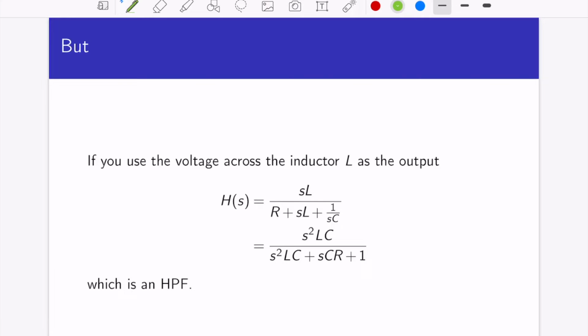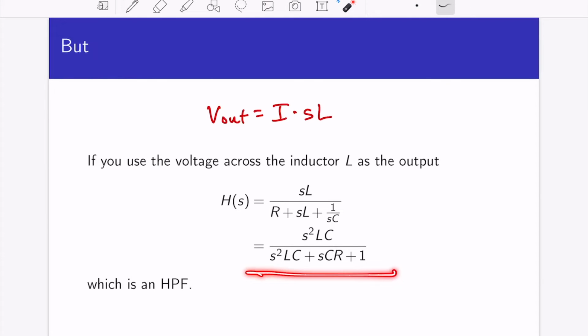If instead we look at the voltage across the inductor as our output, that means that V out would be equal to I times SL. When we substitute that in, we end up with H of S is equal to S squared LC over S squared LC plus SCR plus 1.